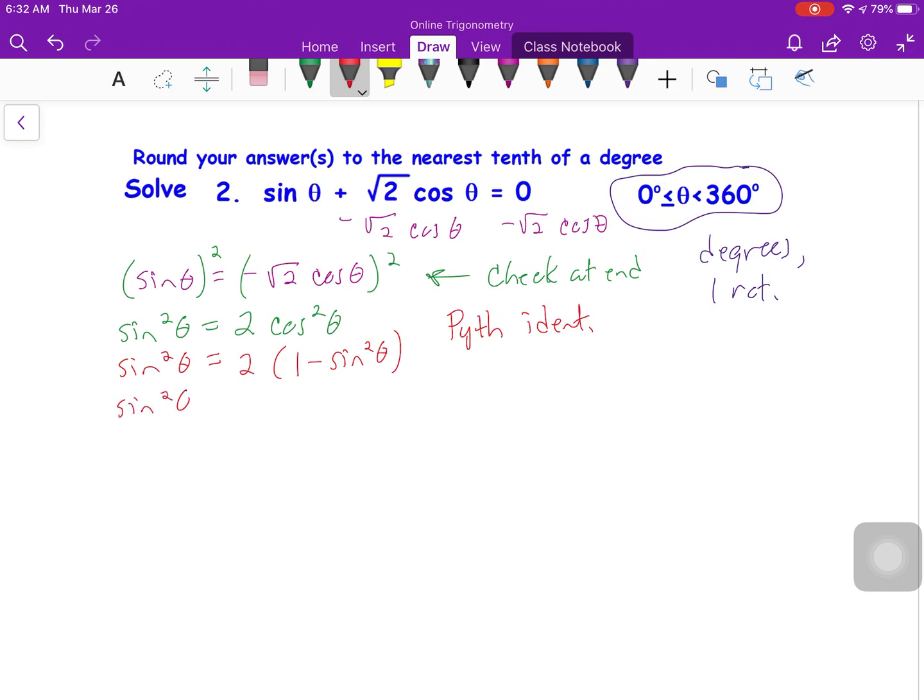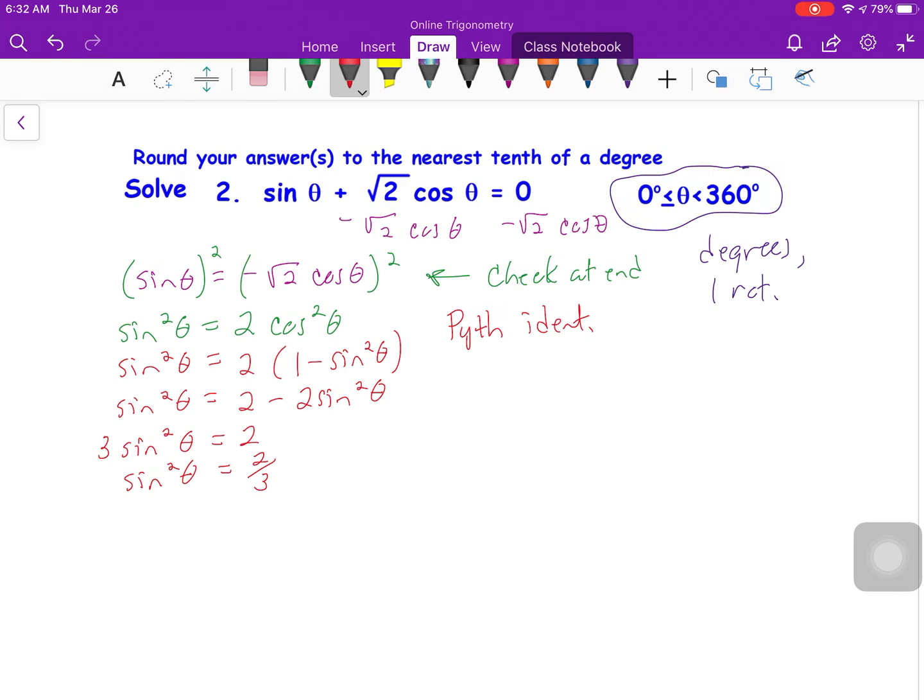I'll distribute the 2. Sine squared theta equals 2 minus 2 sine squared theta. And now I'm going to move all the sines to one side. I'll accomplish that by adding 2 sine squared to both sides. So that will give me 3 sine squared theta equals 2. I'll divide by 3. I get sine squared theta equals 2/3.